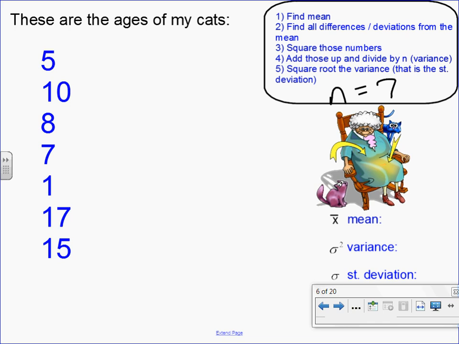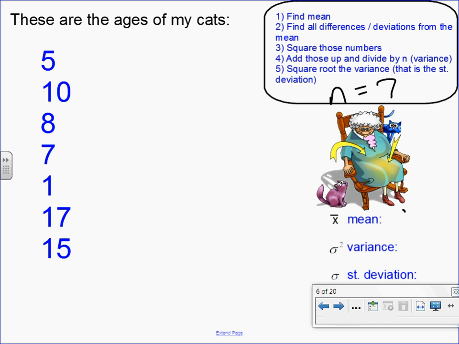Let's go ahead and find the average age of my cats. So here goes nothing. 5 plus 10 plus 8 plus 7 plus 1 plus 17 plus 15. Click enter. That gives you 63. And divide by 7, because that's how many cats I've got.